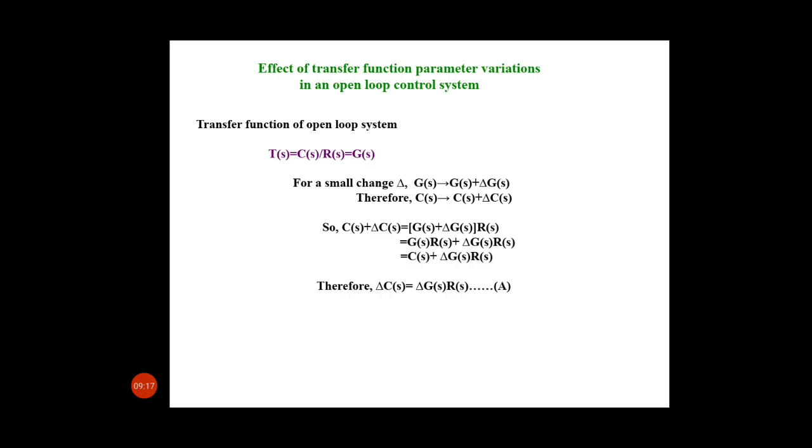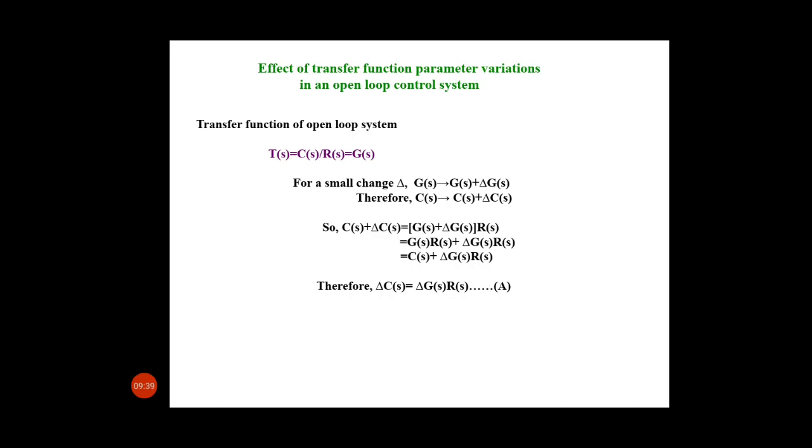So the transfer function of the open loop system is T(s) = C(s)/R(s), which is equivalent to G(s). This is the gain of the system.